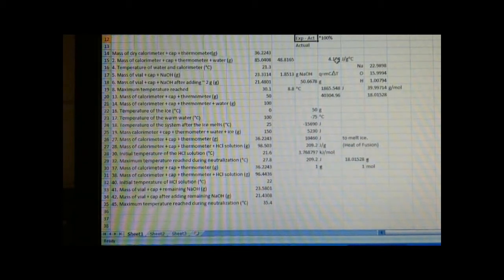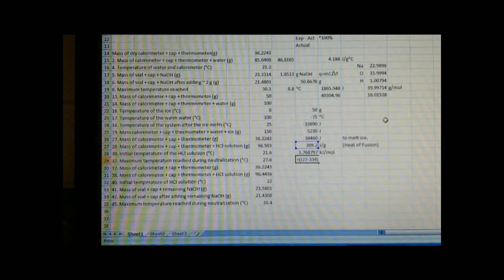Right? So experimental minus the actual, our experimental value in joules per gram was 209.2. Okay, let me clear out this stuff. All right, so 209.2 joules per gram is my experimental value. I'm going to put that in parentheses. That's the experimental value that we calculated from our experimental data, minus the actual, which is 334. That's what I said to use.